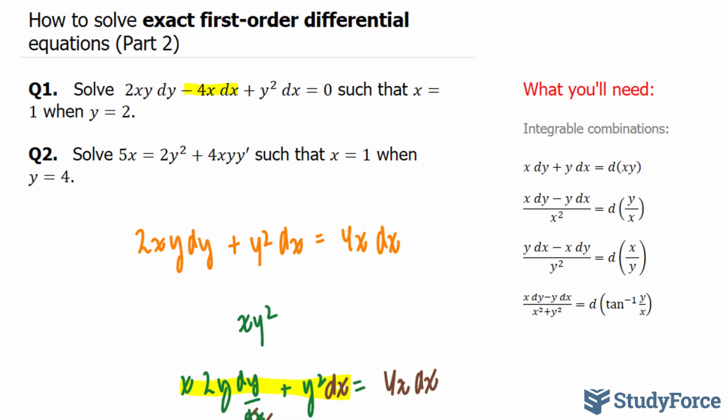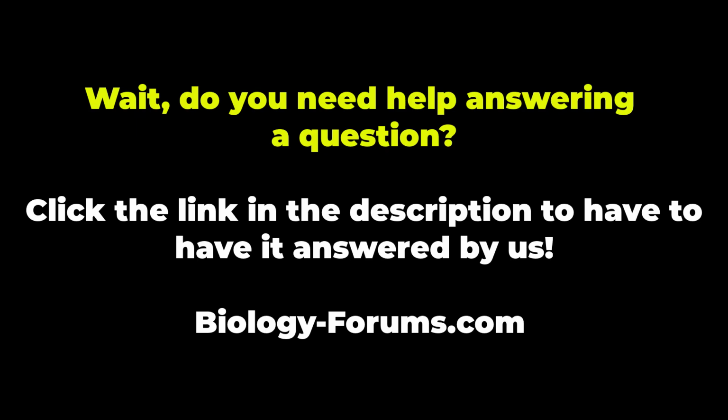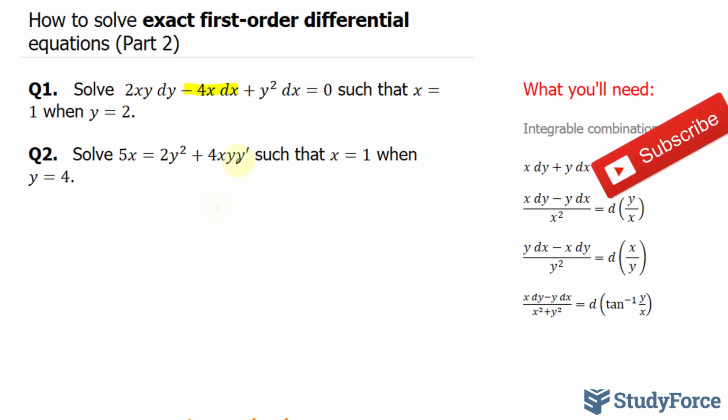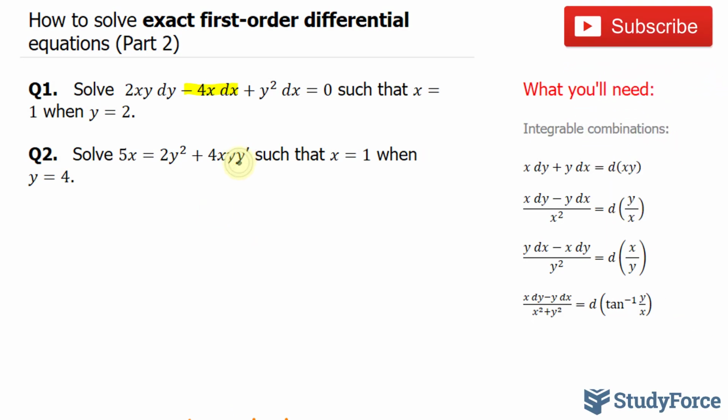In question 2, they want us to solve 5x is equal to 2y squared plus 4xy y', and this y' becomes dy over dx, such that x is equal to 1 when y is equal to 4. The first thing that I'll do, as mentioned, is replace y prime with dy over dx.